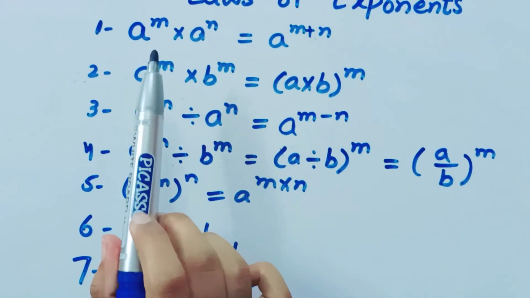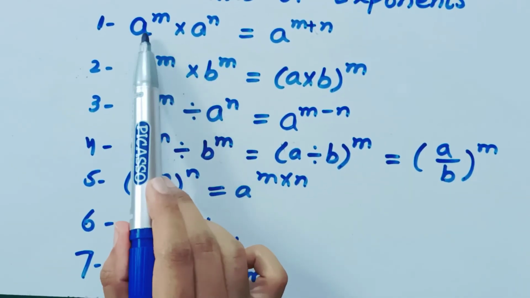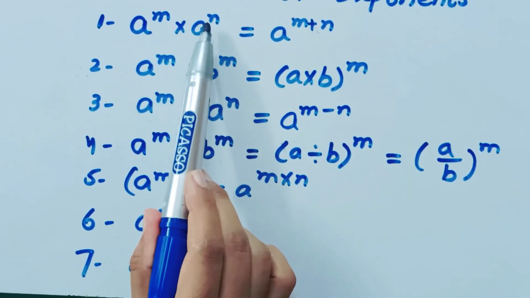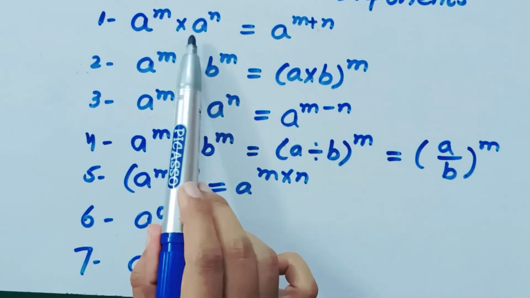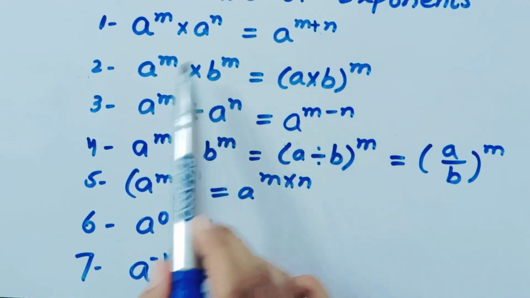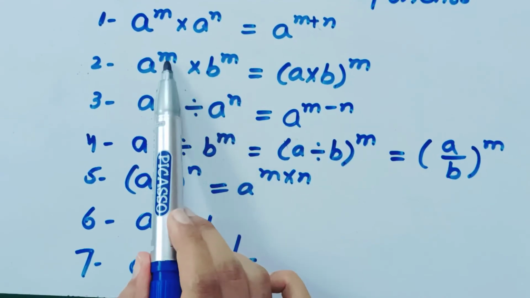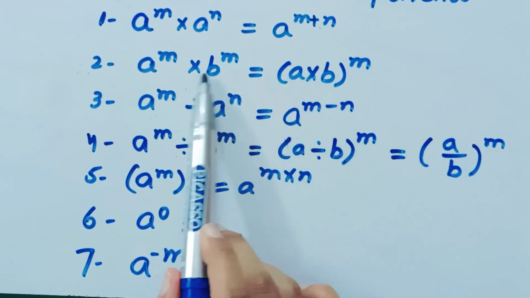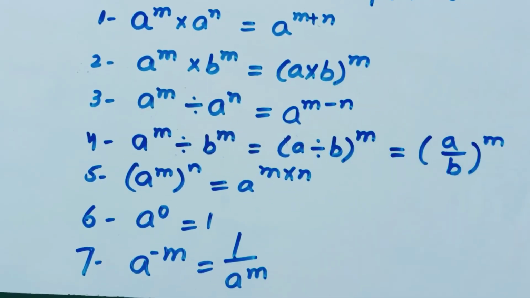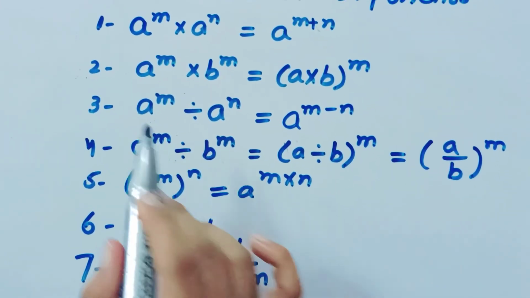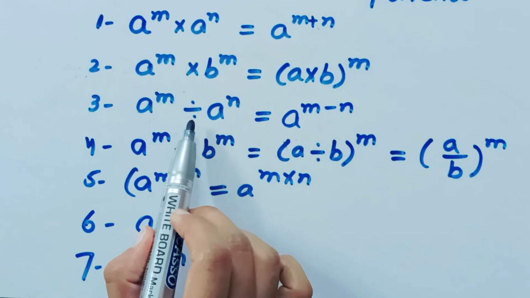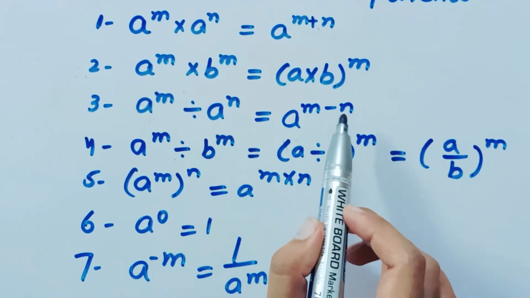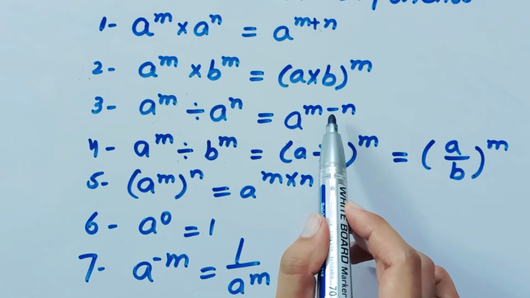First one is, if we have the same base, a raised to power m multiplied by a raised to power n, then with the same base we will add the powers. If we have different bases, then our exponent should be the same and we will multiply the bases, and the power will apply as a whole. If we have the same base and there is a sign of division, then simply we will subtract our exponents.